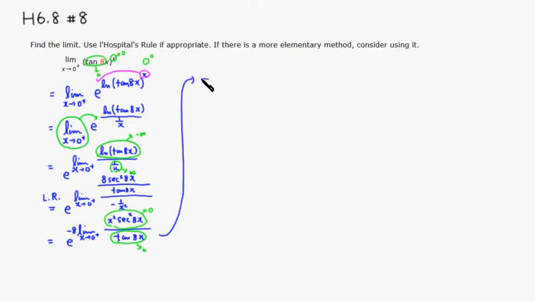So, another application of L'Hopital's rule. Then we have e to the negative 8 times the limit as x approaches 0 from the right. The derivative of tangent 8x is secant squared of 8x times the derivative of 8x, which is 8. Then we have to use a product rule here.